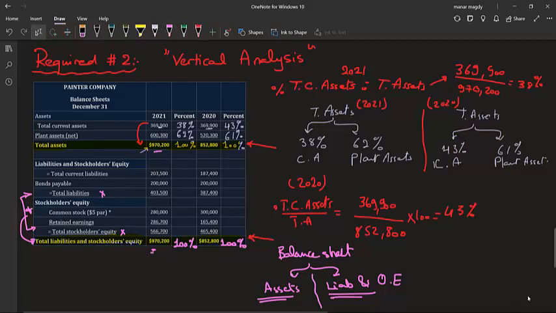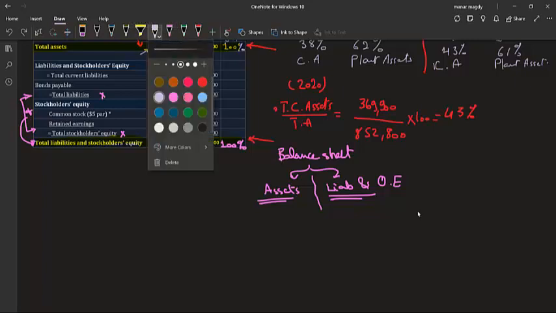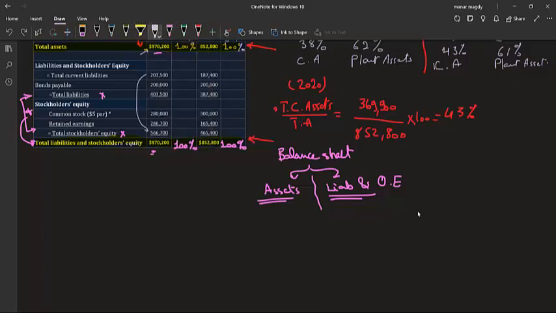So when we are going to make the vertical analysis, we are going to divide these amounts by the 970,200 and not compare it to this. No, this is wrong. We're going to compare all of these accounts by the 970,200, all of them. Okay, so you get the idea.